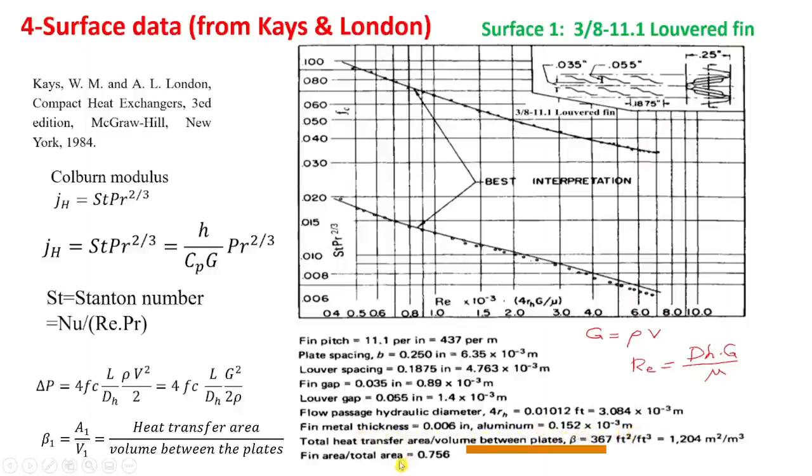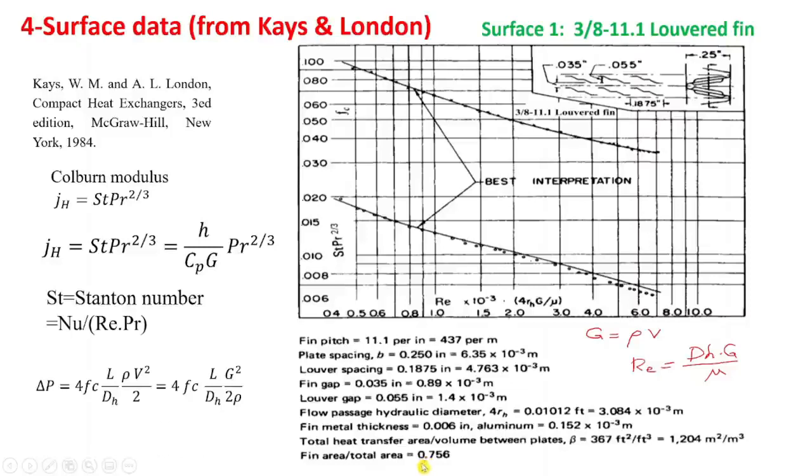Also, the heat transfer area divided by the volume of the heat exchanger is given as 1,204 square meters per cubic meter. The fin area divided by the total area, which we are going to give the symbol omega, is 0.756. We need all these data in order to perform the sizing calculation.